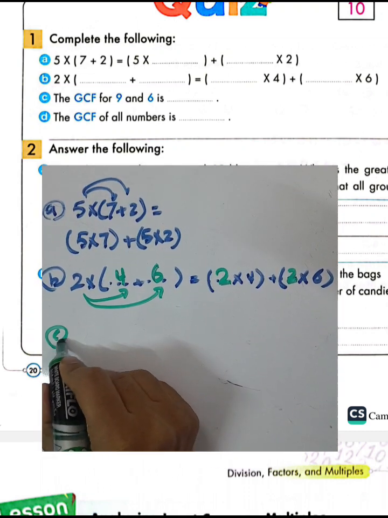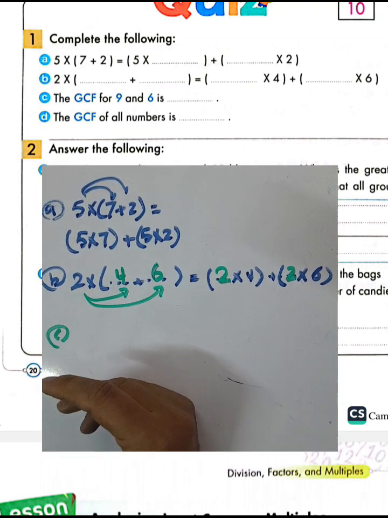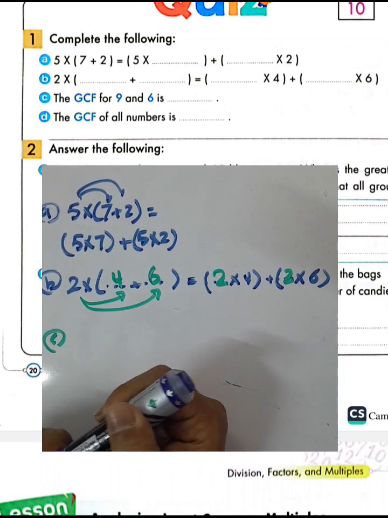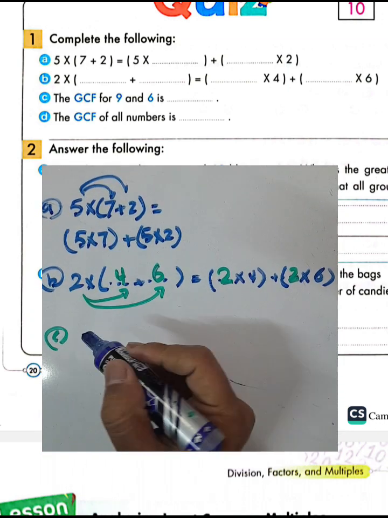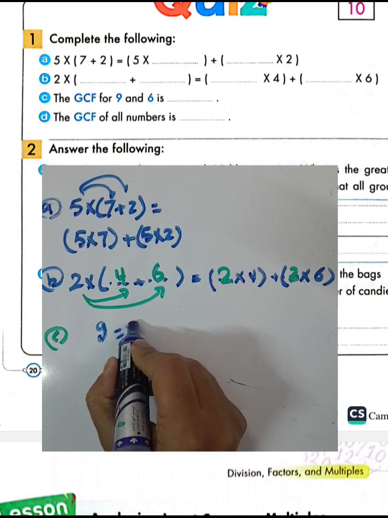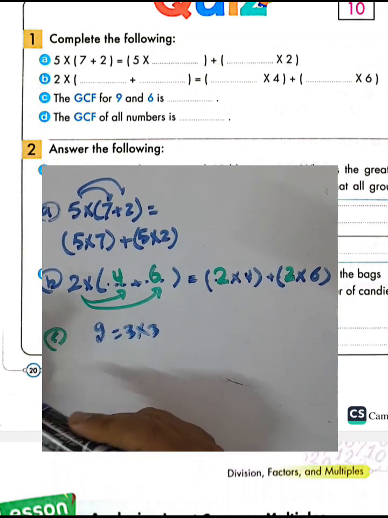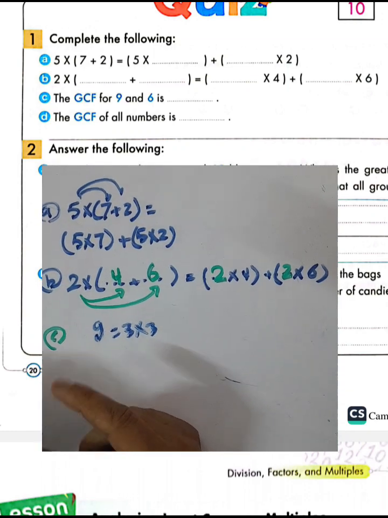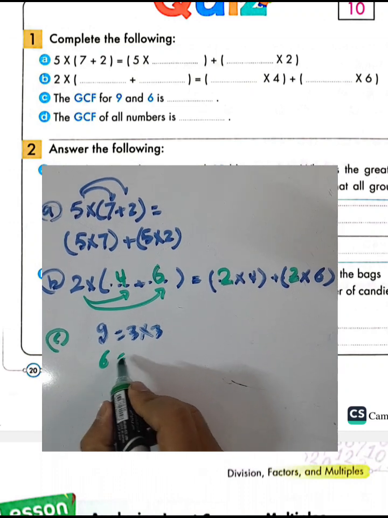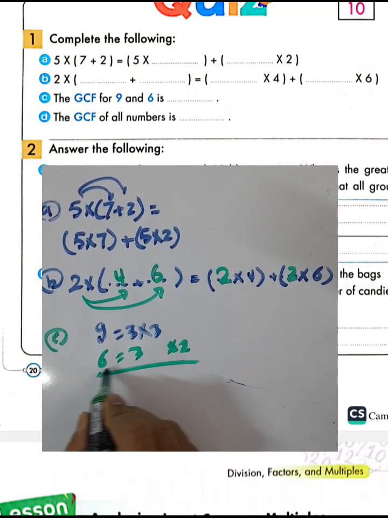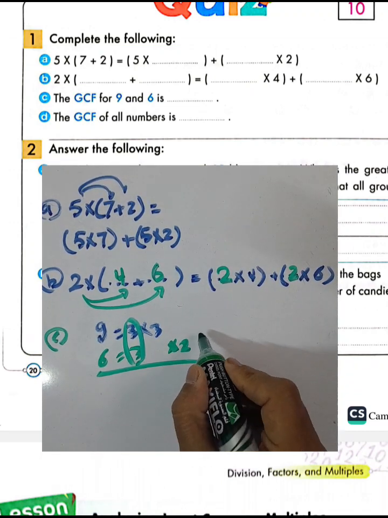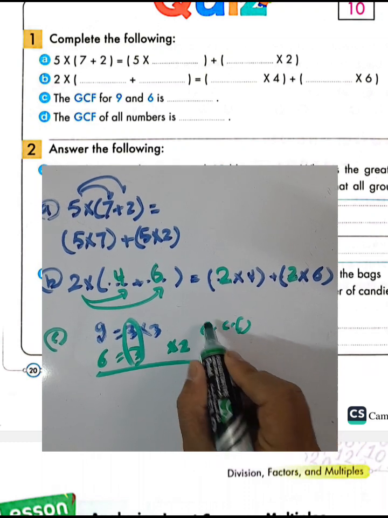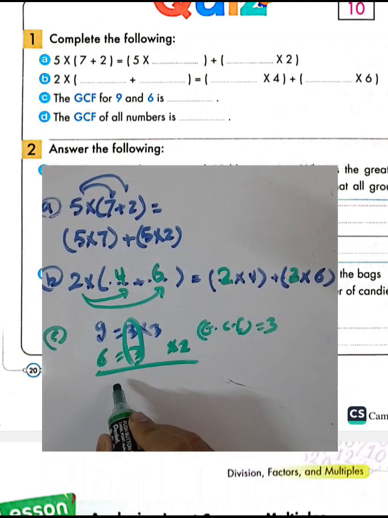Okay, understood? Letter C, the greatest common factor between 9 and 6. We know 9 equals 3 times 3 and 6 equals 3 times 2, and then we can find the greatest common factor between them. It will be 3.